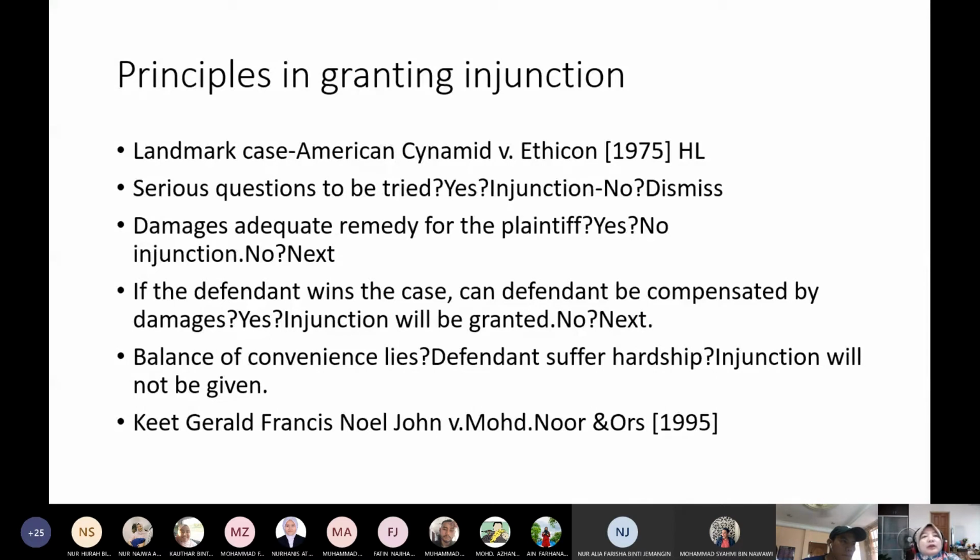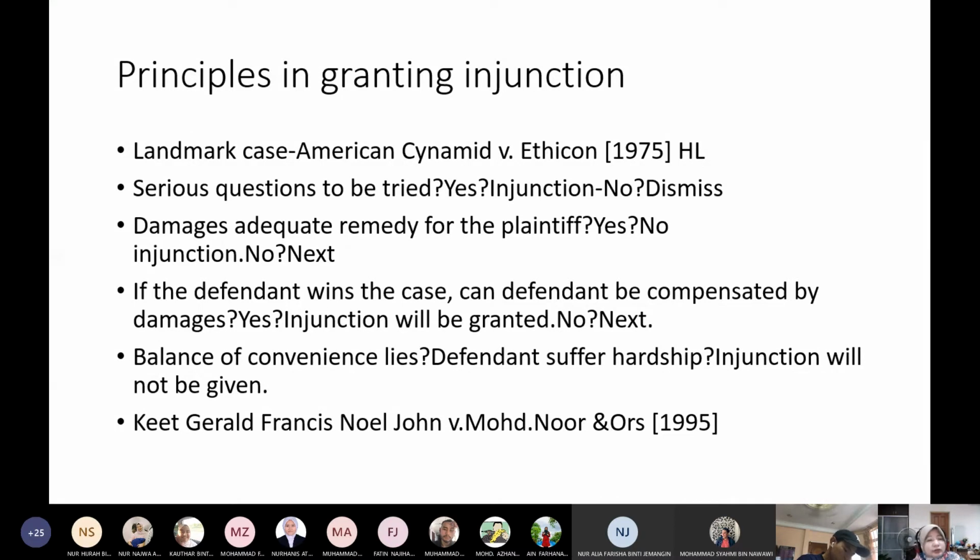So what will be the position of the defendant then? The defendant needs to argue the reverse of what the plaintiff has argued. Number 1, if the plaintiff is saying that there are serious questions to be tried, you are saying it's not a serious question. If it's not a serious question, there is no injunction.